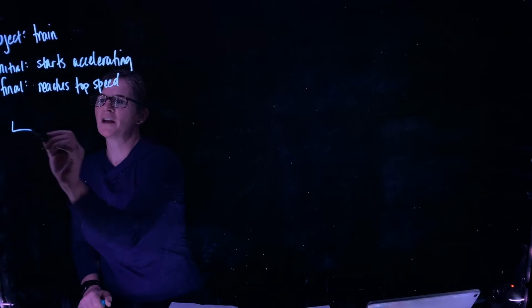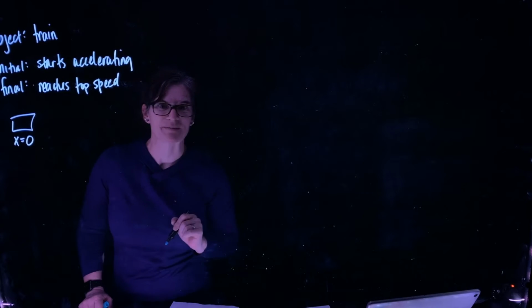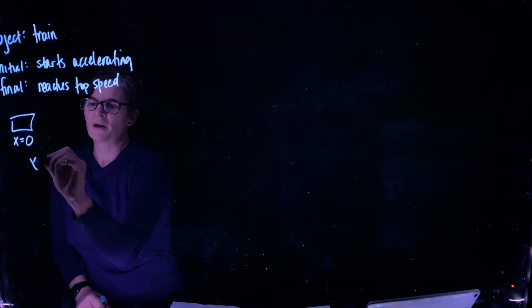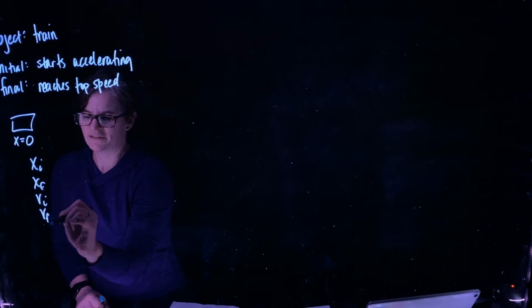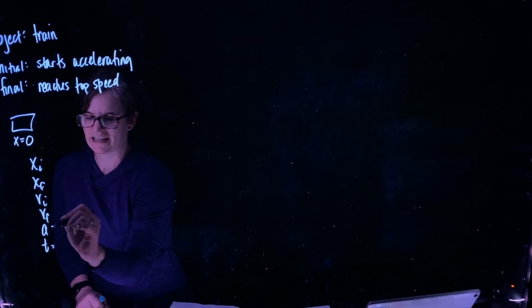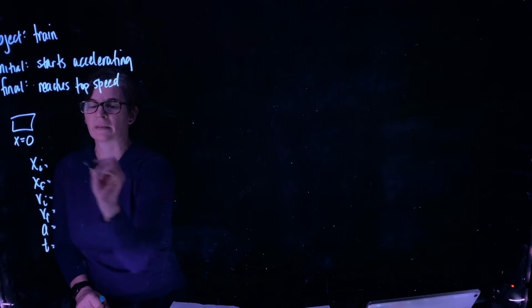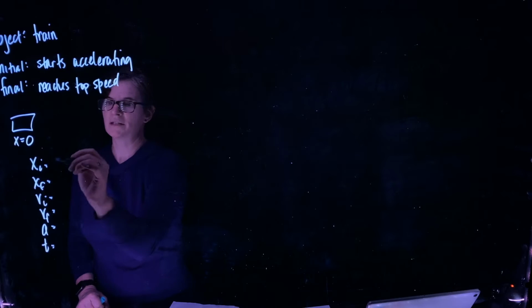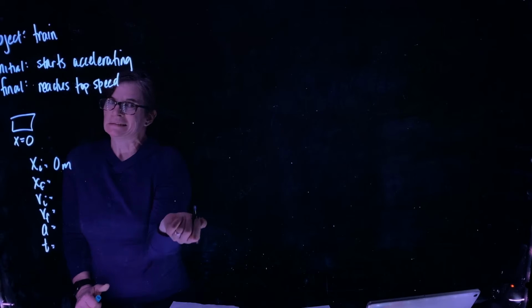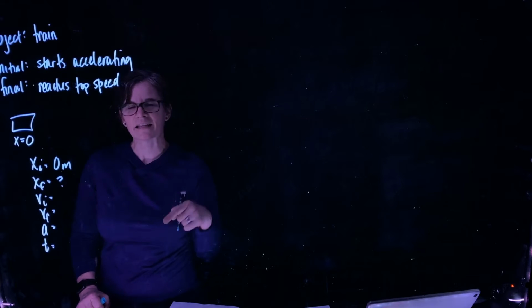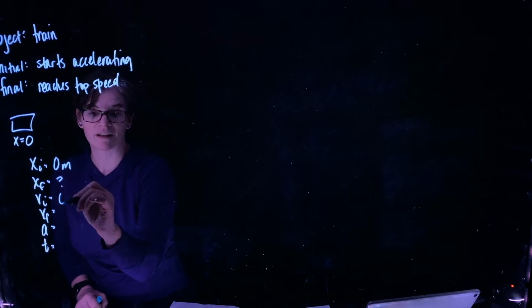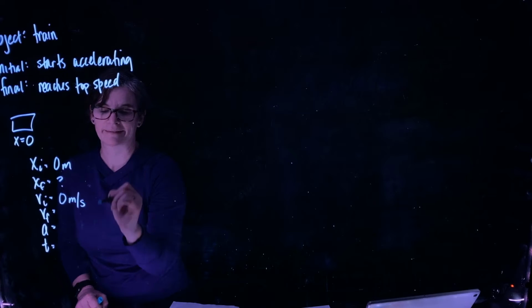Okay, so here's our train, and we'll say it starts at our origin, position equal to 0. So x initial, x final, v initial, v final, acceleration, and time. Well, our initial position is 0. Problem doesn't tell us the final position, so we don't know that. It says it starts from rest, so our initial velocity is 0 meters per second.